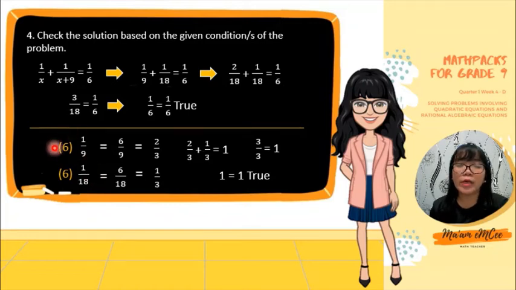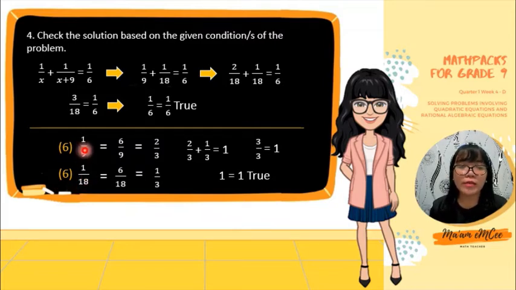They will be working for 6 days because this is the total number of days they spend if they work together. So we will get the total part of the work finished by Zamil within 6 days, and also the part of the work done by Michelle after 6 days.